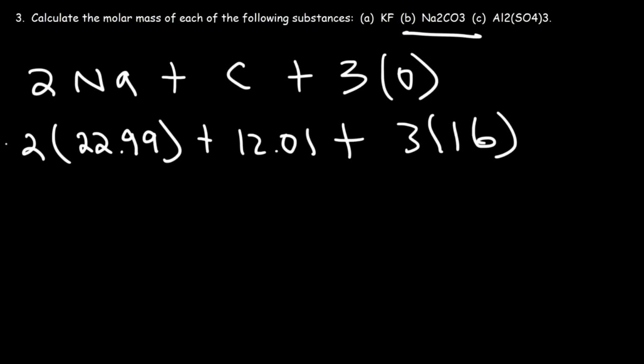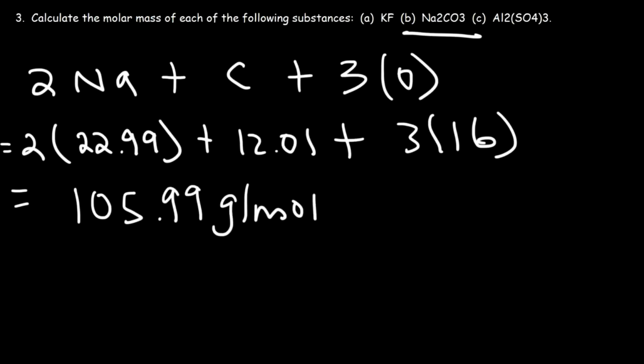So all we need to do is basically just add these numbers up. So go ahead and type this into your scientific calculator. So you should get 105.99 grams per mole. And so that's the molar mass of sodium carbonate. So 1 mole of Na2CO3 has a mass of 105.99 grams.